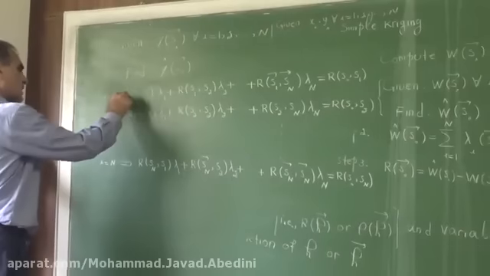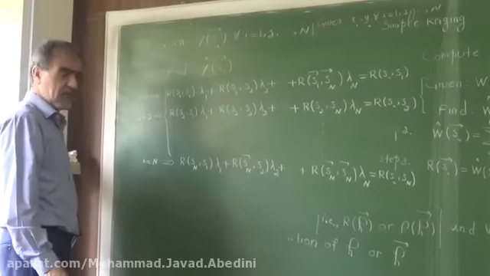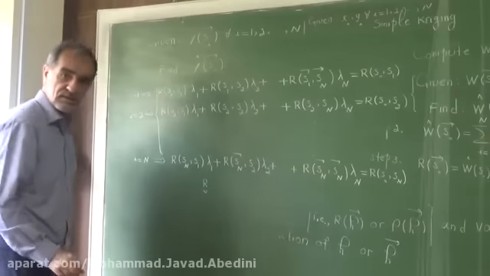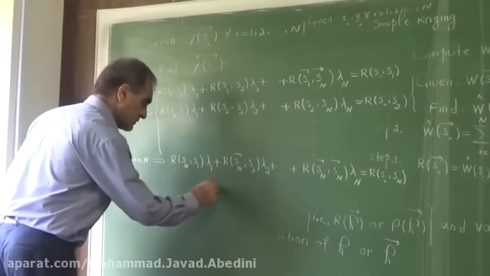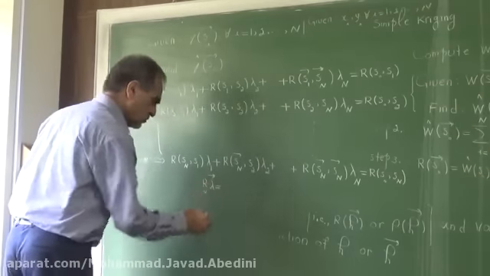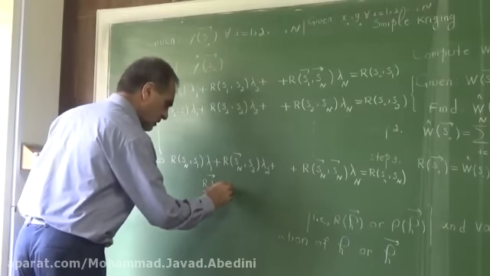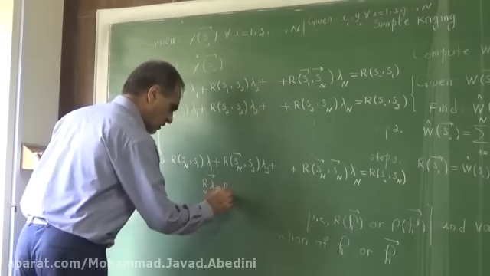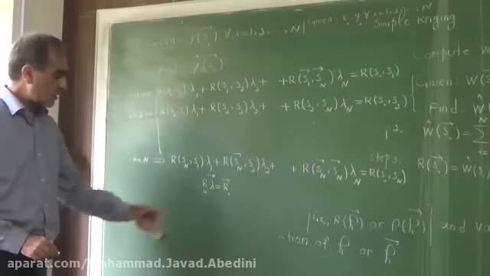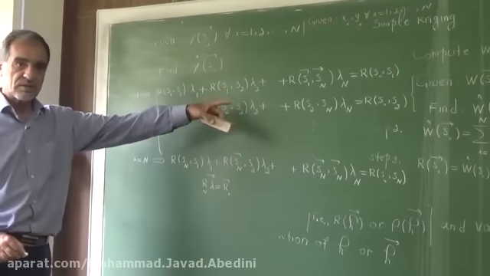You have n equations with n unknowns. You can write it in matrix format: variance covariance matrix times vector of unknowns is equal to R0. This variance matrix is basically the coefficient of the lambda here.